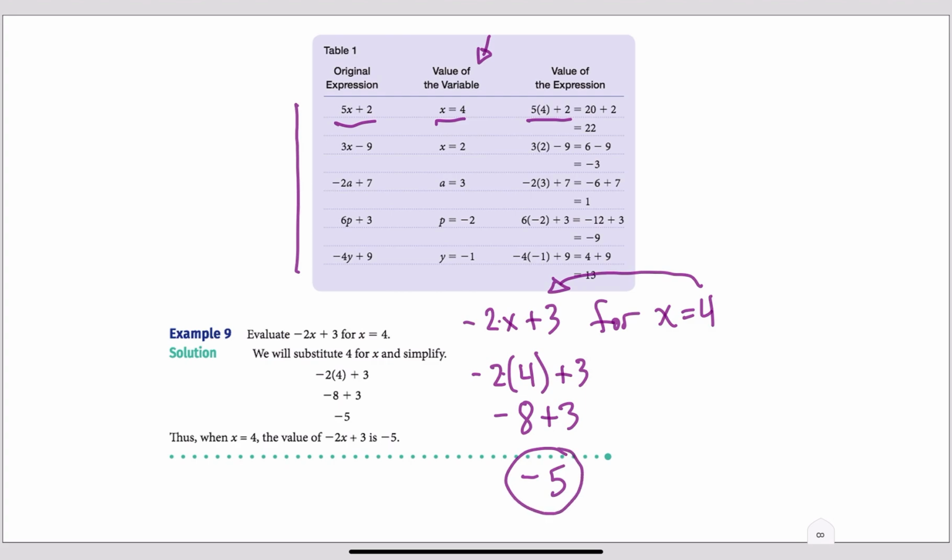So when x is 4, negative 2x plus 3 is negative 5. And that's what this shows. I can take a variable expression, an algebraic expression, and I can substitute a value for my variable, and I can simplify my expression and see what I get.